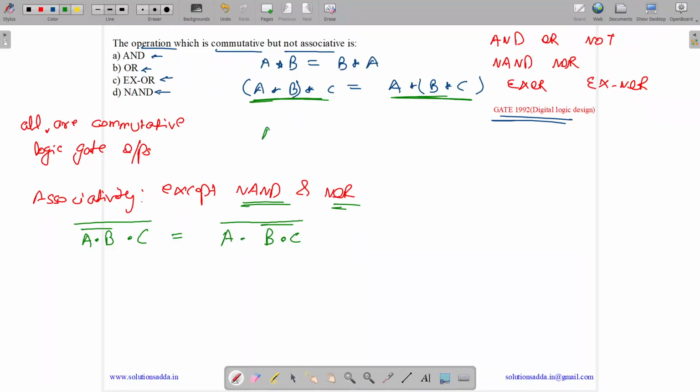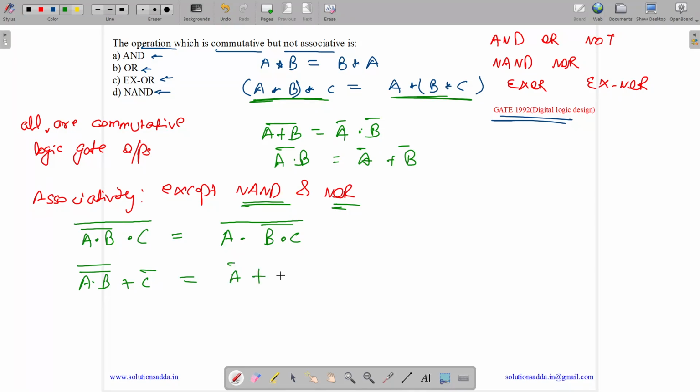Now according to De Morgan's law, (A plus B) whole complement is A complement into B complement, and (A into B) whole complement is A complement plus B complement. So we can write it as (A dot B) whole complement plus C complement, and the second part is A complement plus (B dot C) whole complement, whole complement. Both these complements cancel out. Then we have this equal to A into B plus C complement, and this one equal to A complement plus BC.